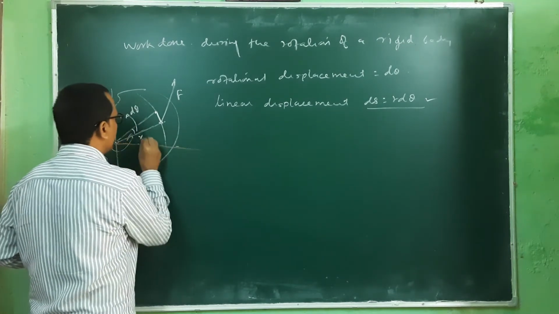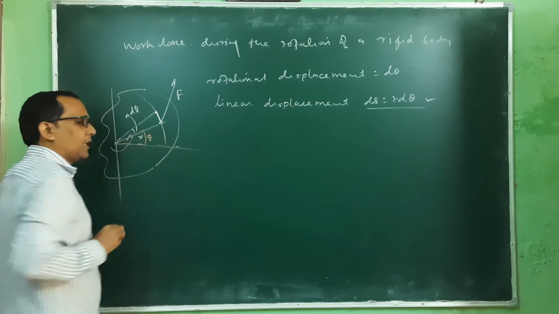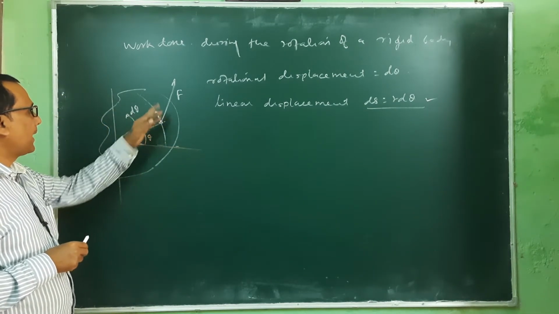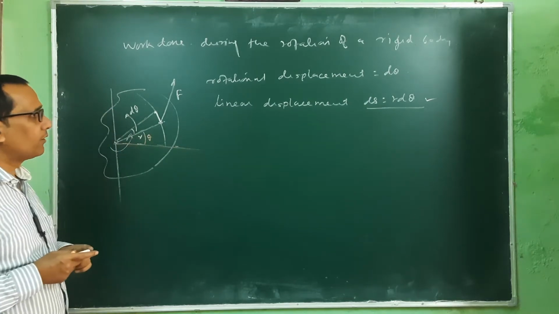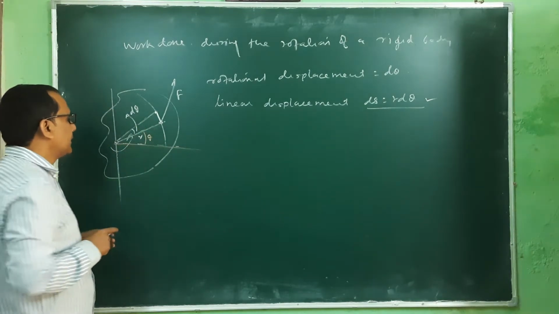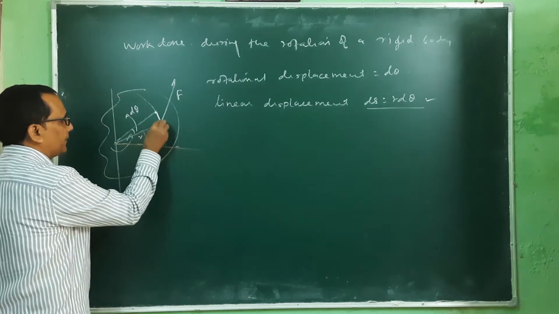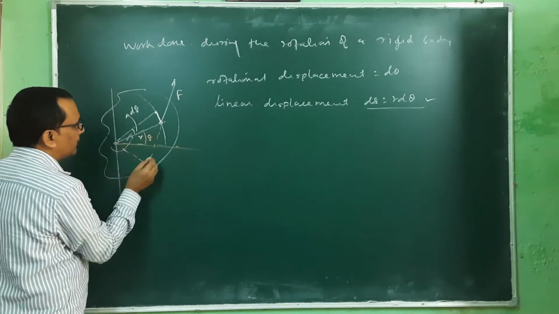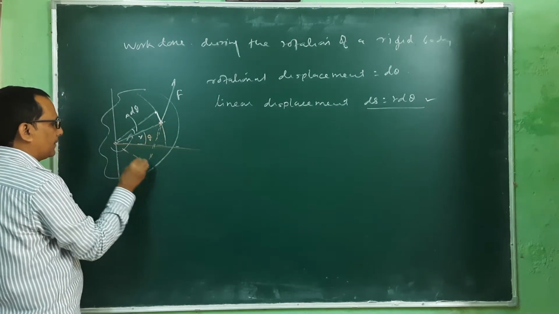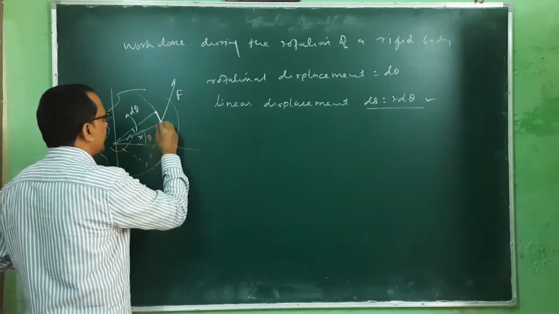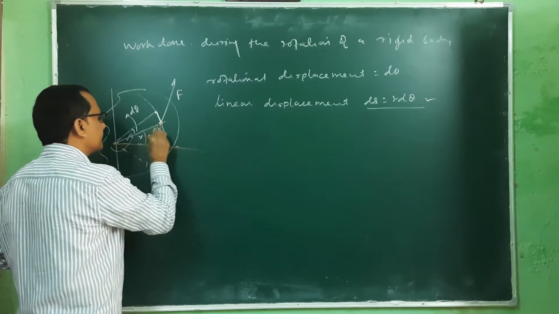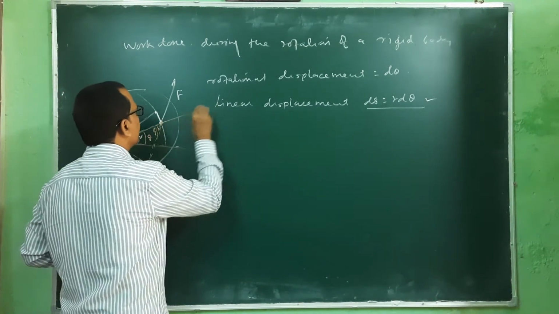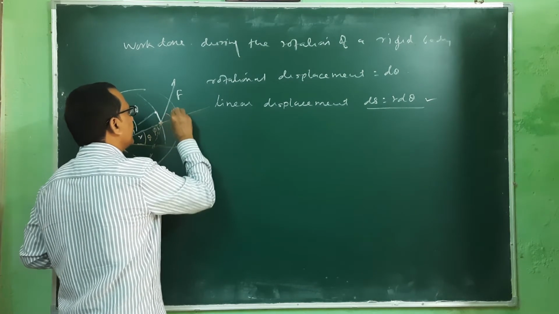So let's say this is that theta, the angular position, and after applying this force, this is a small angular displacement created by this torque. Now let's say this angle is phi, and obviously this angle will also be phi.